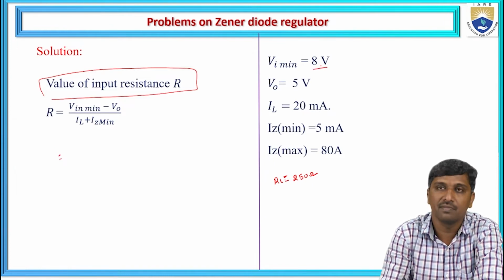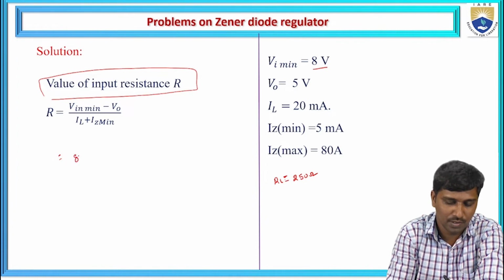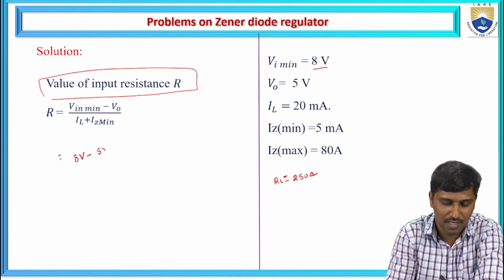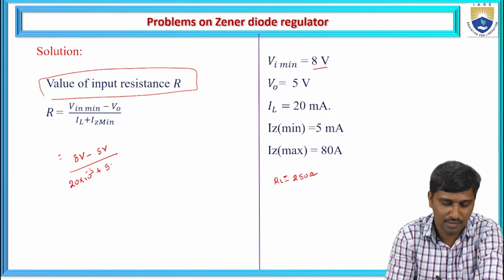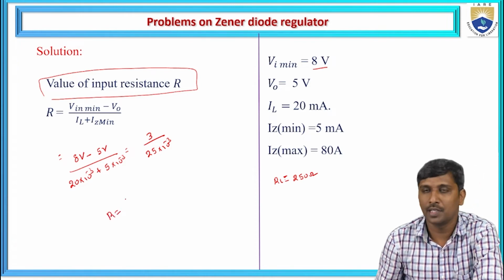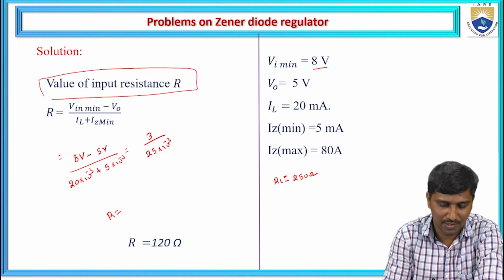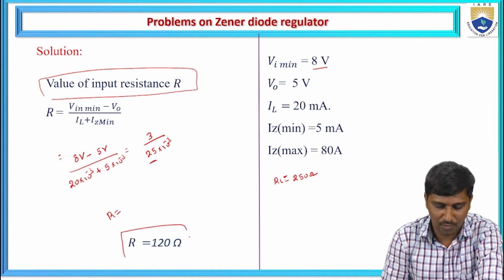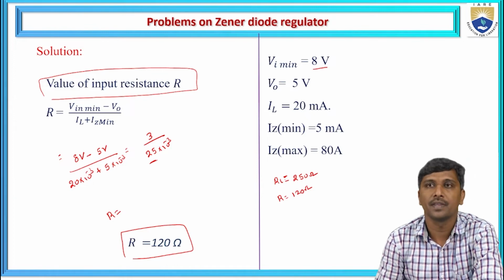We know that the minimum given voltage is 8 volts, minus V0 which is 5 volts, divided by the load current of 20 milliamperes plus the Zener minimum current of 5 milliamperes. So this is 8 minus 5, which is 3, divided by 25 milliamperes. By solving this ratio, the R value becomes 120 ohms. Hence R is equal to 120 ohms.